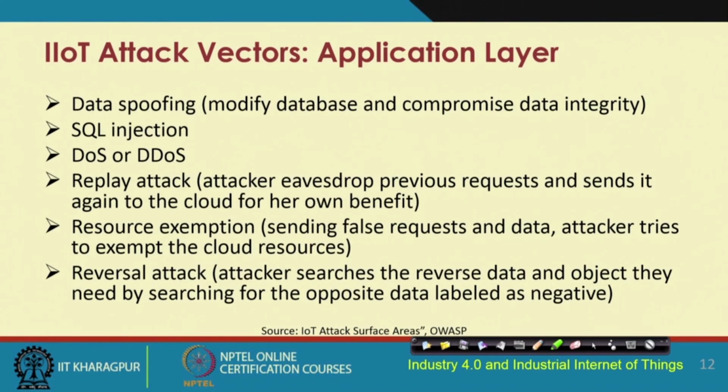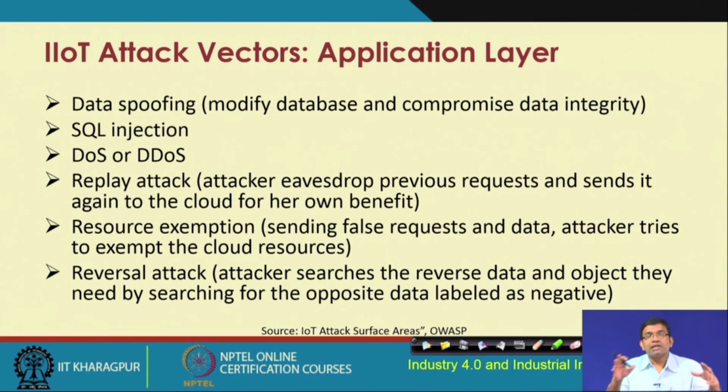DoS or DDoS: denial of service and distributed denial of service attacks. DoS attack I have already told you about, and distributed denial of service attack is particularly relevant for IoT scenarios where the devices themselves are distributed and not centralized in one location. Replay attack: here the attacker eavesdrops on previous requests and sends them again to the cloud for her own benefit.